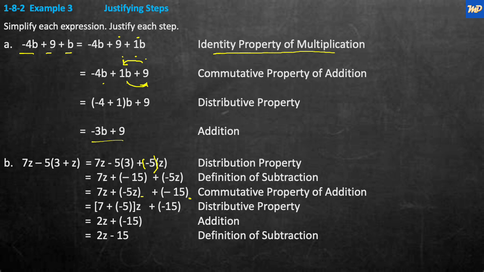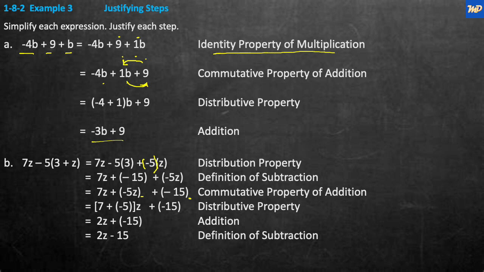So then using the distributive property, I have 7z plus negative 5z. I can pull the z out and say that 7 plus negative 5 times z, then plus negative 15, which eventually will just end up being negative 15 when we're done. So now I can add the 7 plus negative 5 and get 2 times z, plus negative 15.